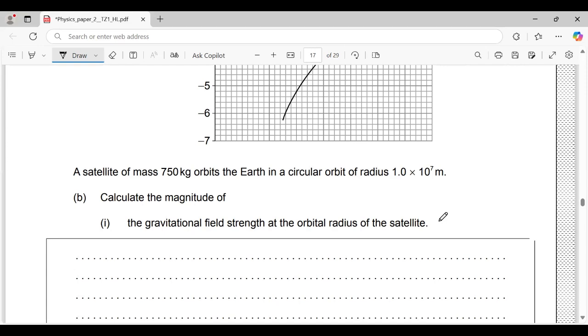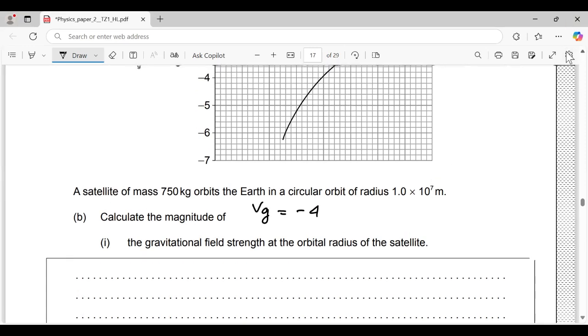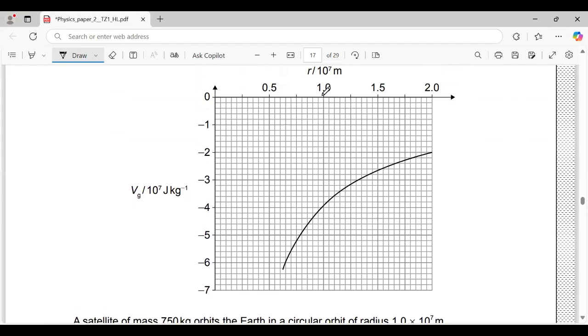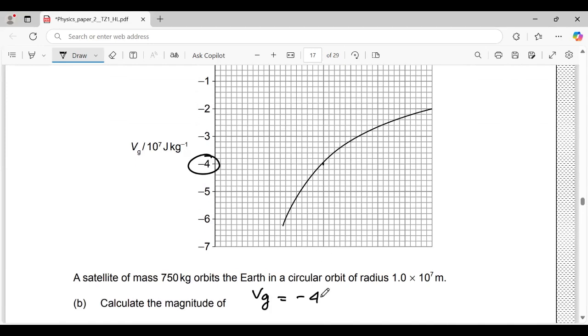So the radius is 1.0 times 10 to the power 7 meters, and Vg is minus 4 times 10 to the power 7 joule per kg, as read from the graph at r equals 1.0 times 10 to the power 7.